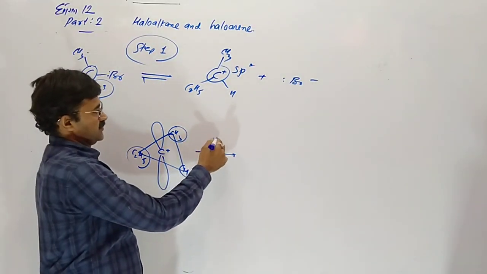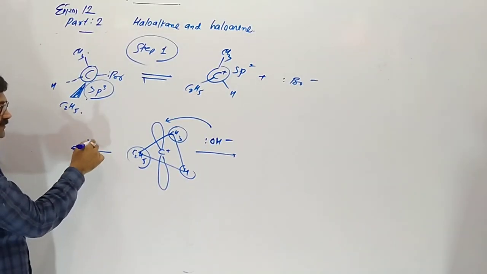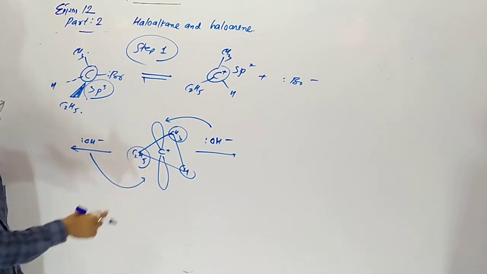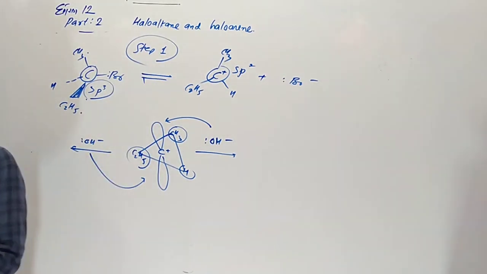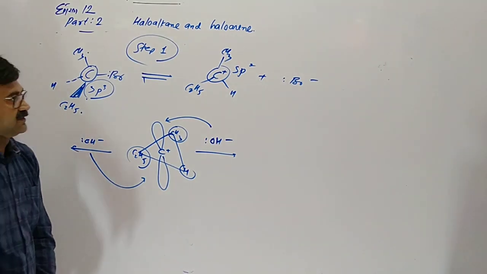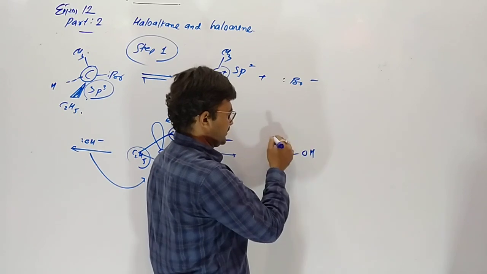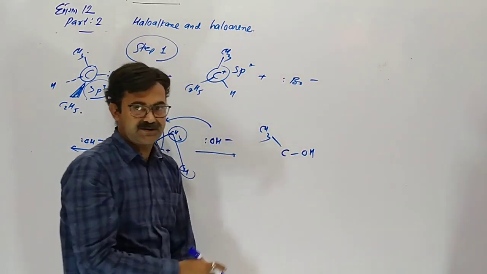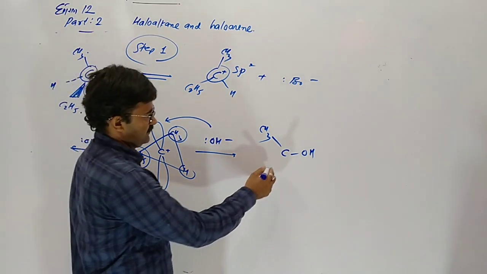So suppose OH minus attacks from one side, or otherwise attacks from the other side, from above or below the plane. Suppose it attacks here, so here is OH, CH3, then H and C2H5.